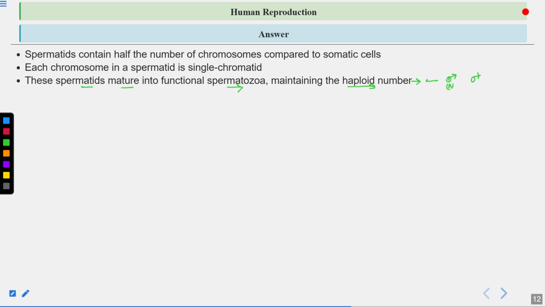Both have n number of chromosomes. In humans, both have 23 chromosomes. They fuse together to form 46 chromosomes, the diploid condition. So a zygote is formed with 46 chromosomes, and you can see the chromosome number is maintained. That's why gametes are haploid, and that's why meiosis occurs, to maintain the chromosome number.